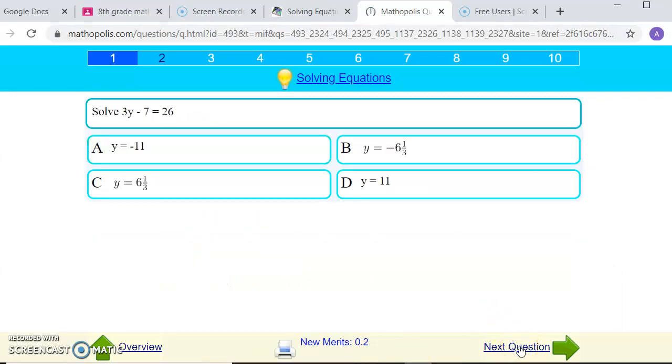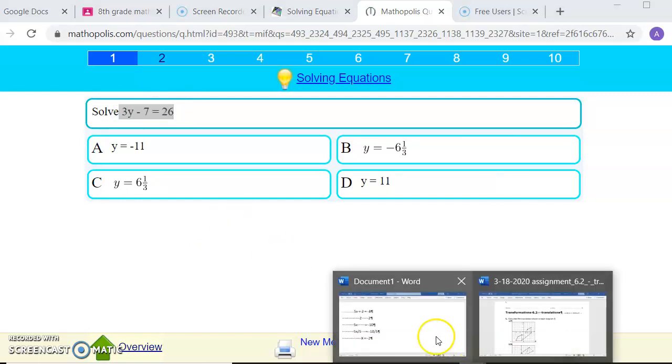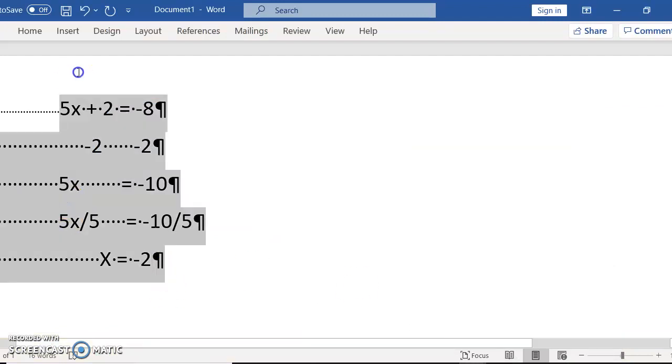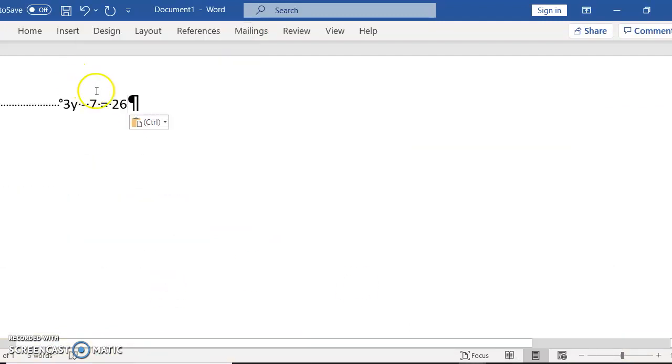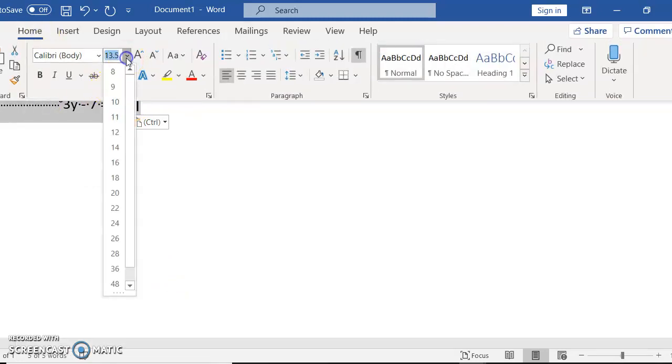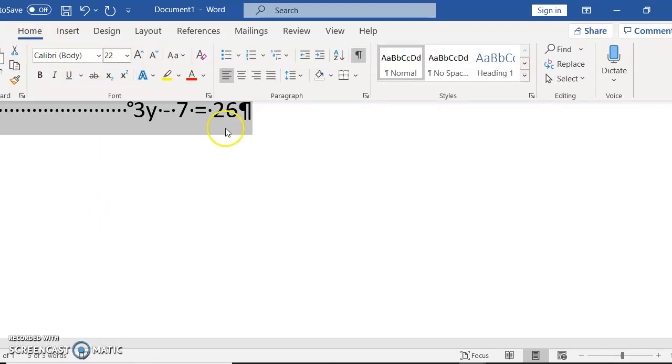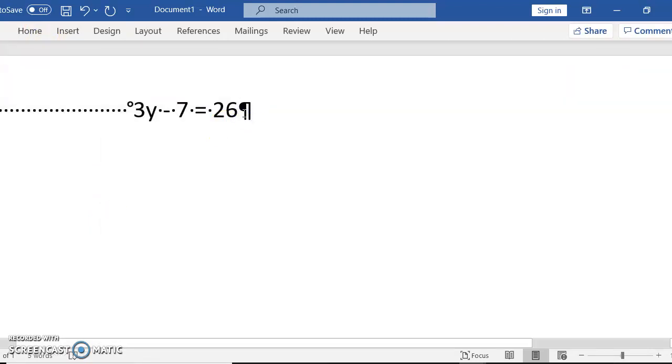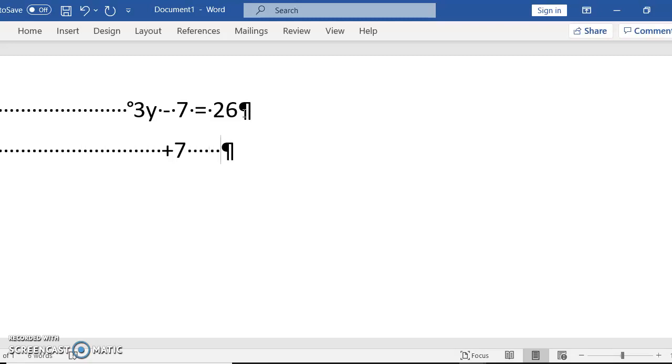Let's go ahead and take a look at the next one. All right, so I put this in the font a little bit bigger so that you can see. So here we have is plus 7. And then what I do to one side, I'll do to the other side, plus 7.